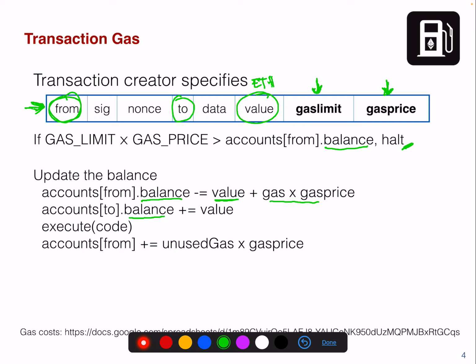Then we execute some code. If the code is executed, we have used up gas, and we can check whether we have some unused gas. If that's the case, we add this back to the from account. So at the beginning, the whole amount is deducted, some amount is sent to the to address, and at the end we get back the unused gas that we haven't used. So the gas limit here is not always hit.